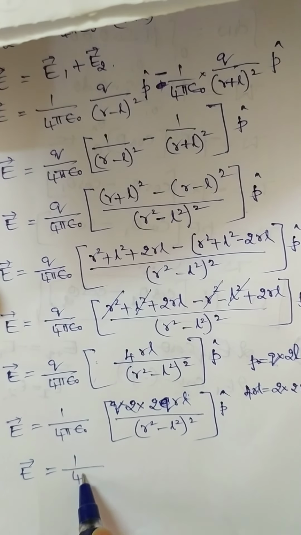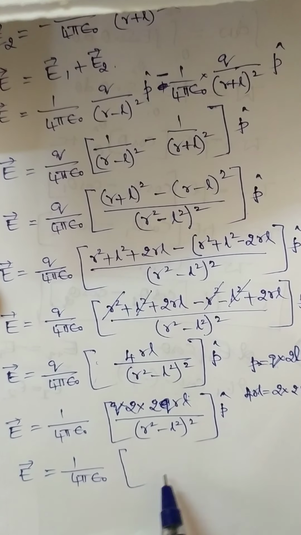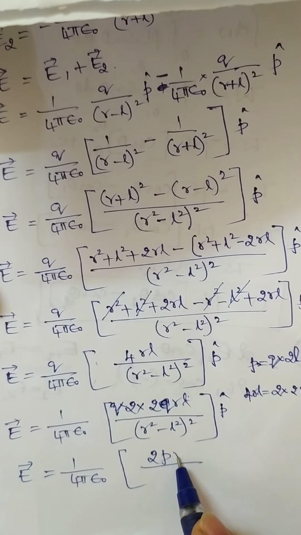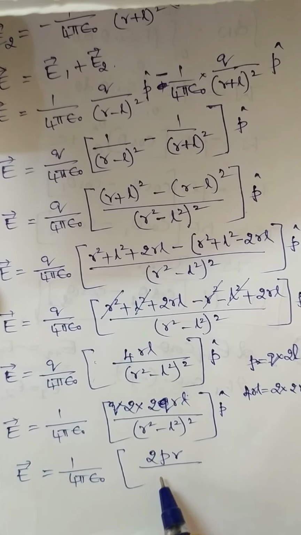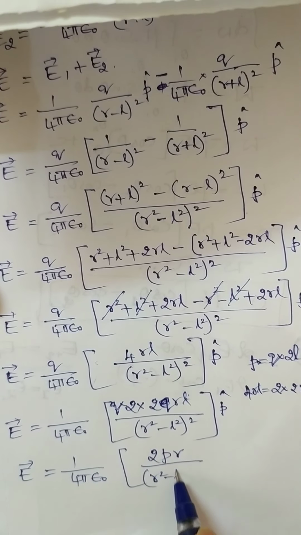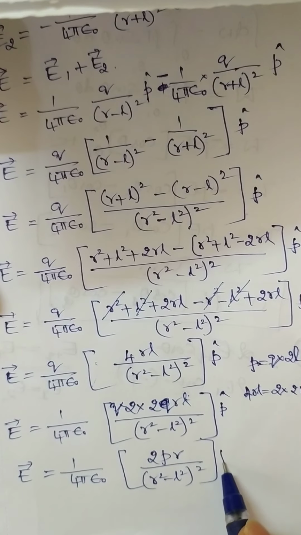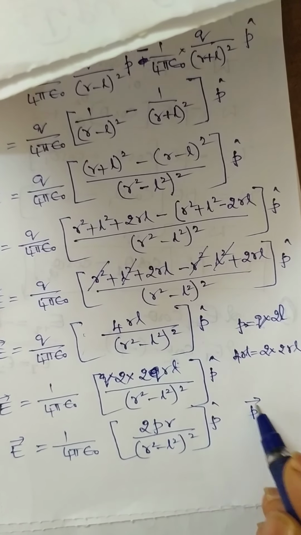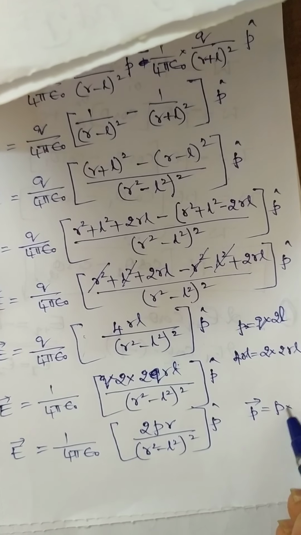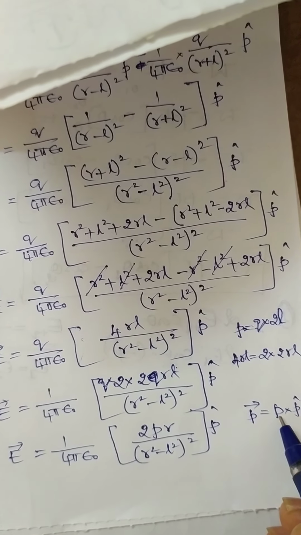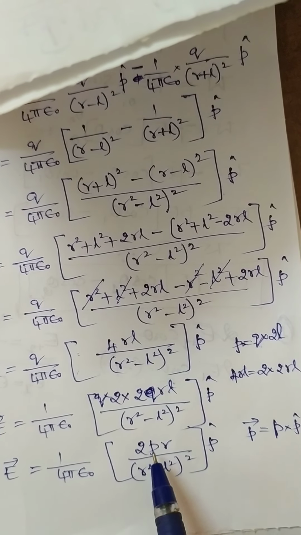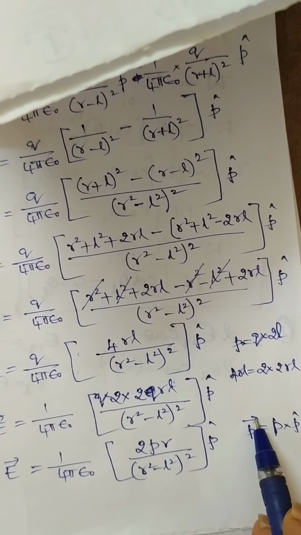So that can be written as vector E is equal to 1 by 4 pi epsilon naught into 2pr divided by (r square minus l square) whole square into p cap. Okay, as you know, a vector is denoted by both magnitude and direction, right? So p denotes the magnitude and p cap denotes the direction. So we have p and p cap here, so we will replace that by p vector.